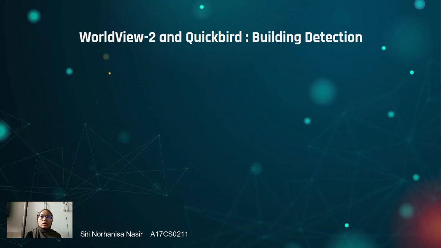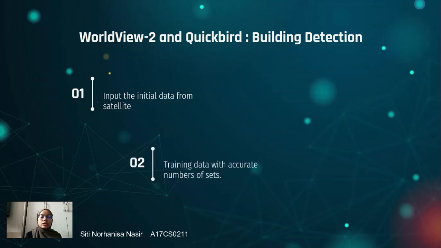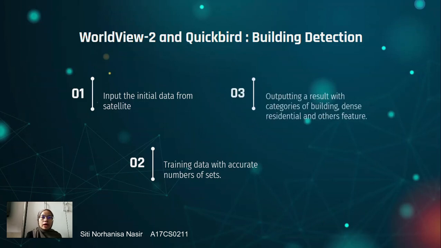We use the WorldView-2 and QuickBird databases for the building detection application. First step, we input the initial data from the satellite and train the data with an accurate number of sets. Then the final step is outputting a result with categories of building, dense residential and other features. That's all for the application of CNN in real industry and fields.